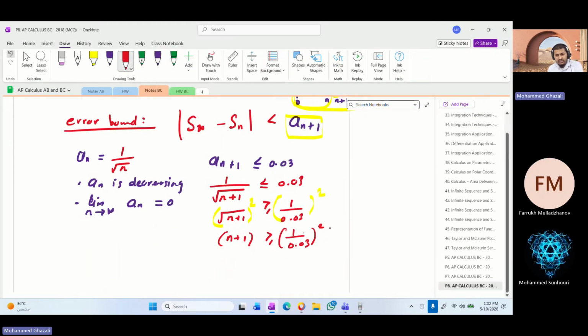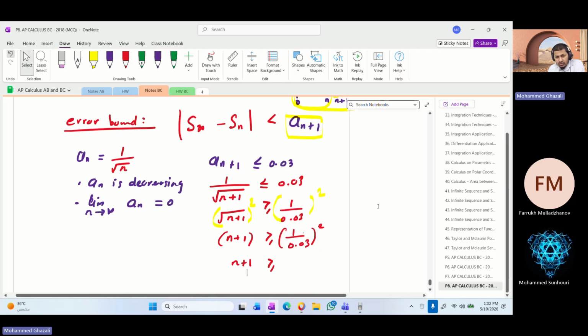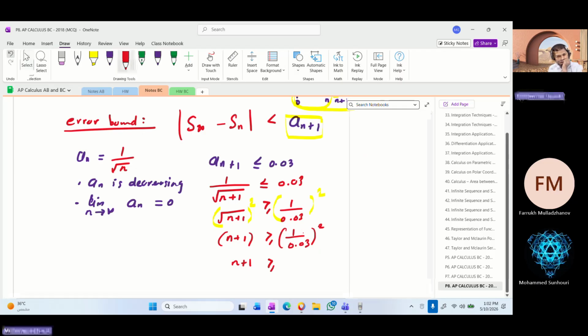What's 1 over 0.03 all squared? Partial sum that is within 0.03 of s. So we just want a n plus 1, so basically n plus 1 in this case. You can't take the 1 to the other side and subtract.